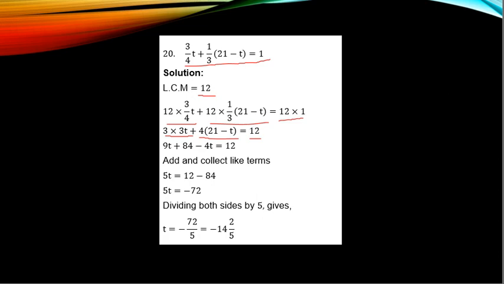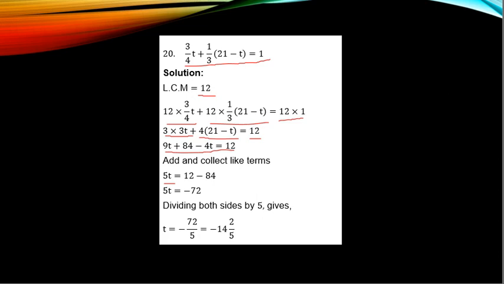If you multiply and open the bracket and simplify, you have 9t plus 4 times 21, that is 84. Then plus 4 times minus t, minus 4t, equal to 12. You add like terms on the left hand side, precisely 9t minus 4t, that is 5t.